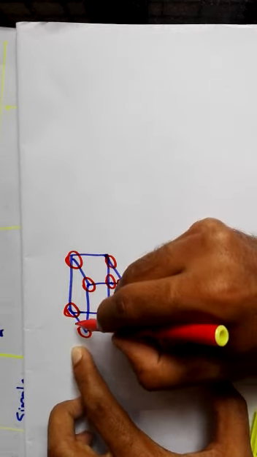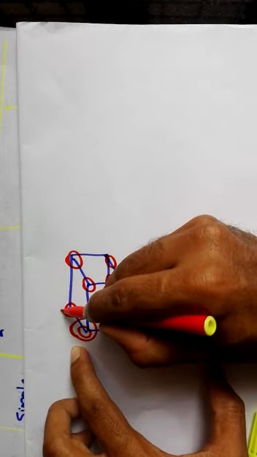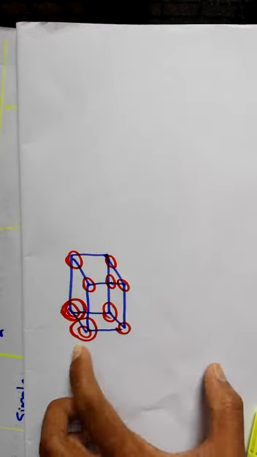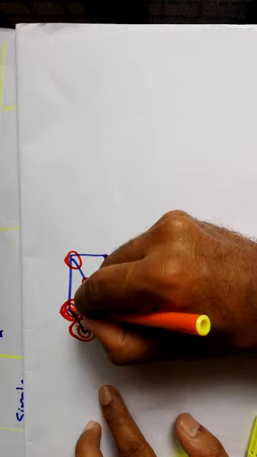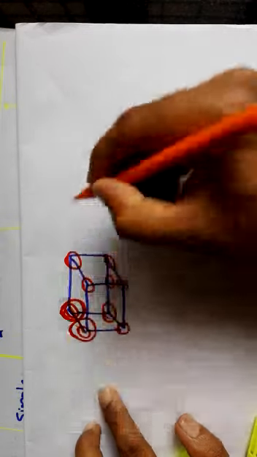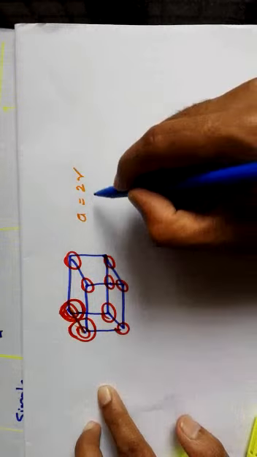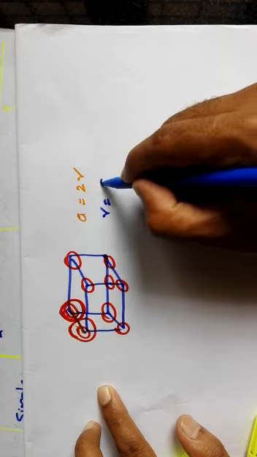Be careful, even though we have drawn it like this, the particles are touching each other. Therefore, this is half, r, and this is also r. Therefore, the edge length is 2r, where r is the radius. Therefore, radius is equal to a by 2.